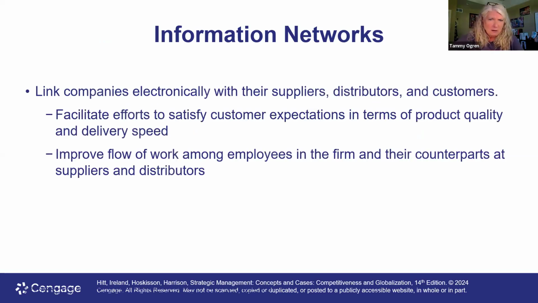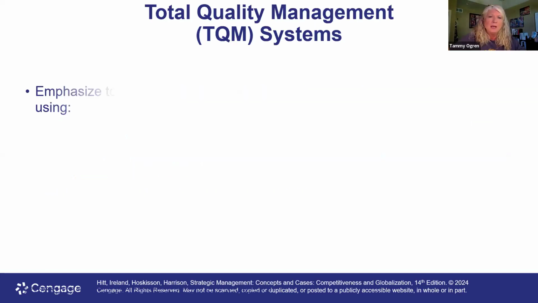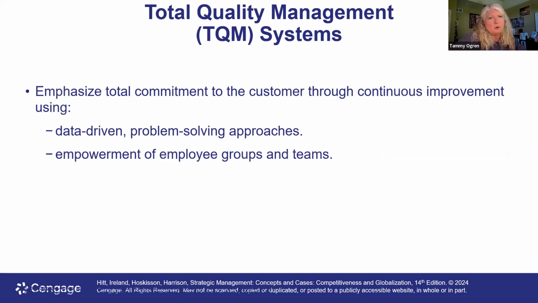Information networks are really the way that we can connect. We see lots of CRMs and lots of networking systems that allow us to ship faster, meet customer expectations, know what they are quicker, and improve the workflow of employees so that we can be more flexible. And then TQM is the idea of total quality management.